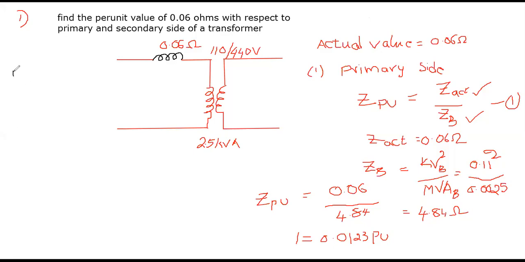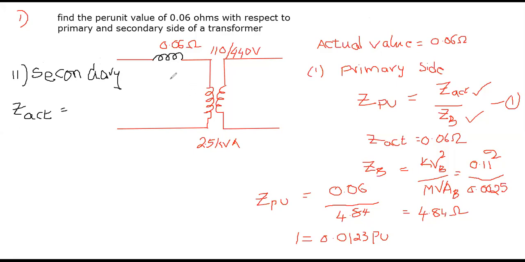Now case 2 is the secondary side of the transformer. Again use the same formula: Z per unit is equal to Z actual by Z base. Now Z actual is different in this particular case, because 0.06 ohms is connected on the primary side.